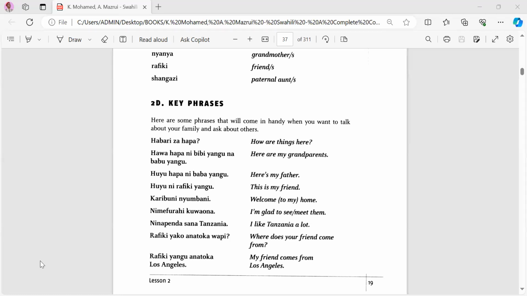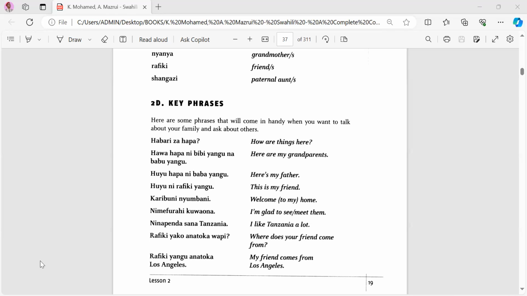Just read it as it's pronounced. Nimefuraha, kuwaona.